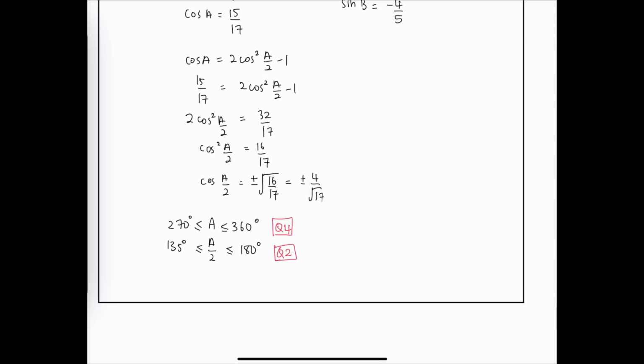In the second quadrant, using A S T C, only sine is positive. So our cos will be negative. That's why we're going to take the final answer of negative 4 over root 17.